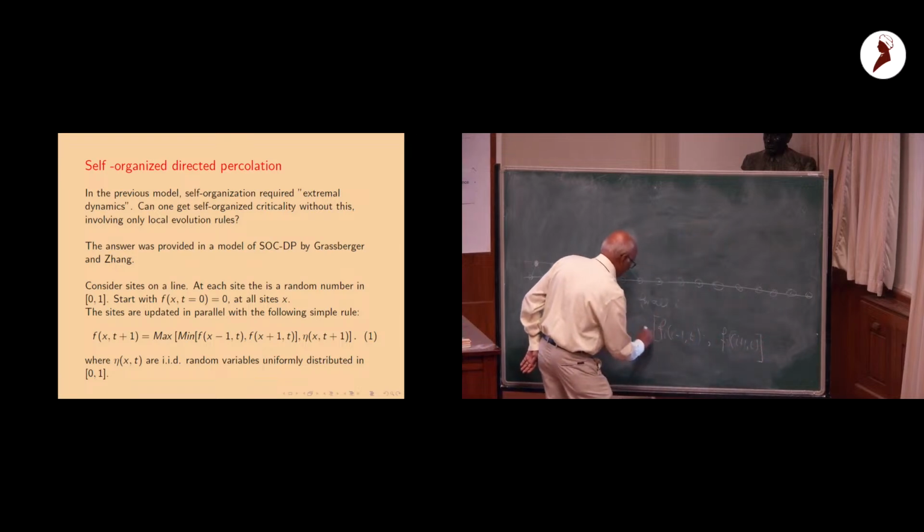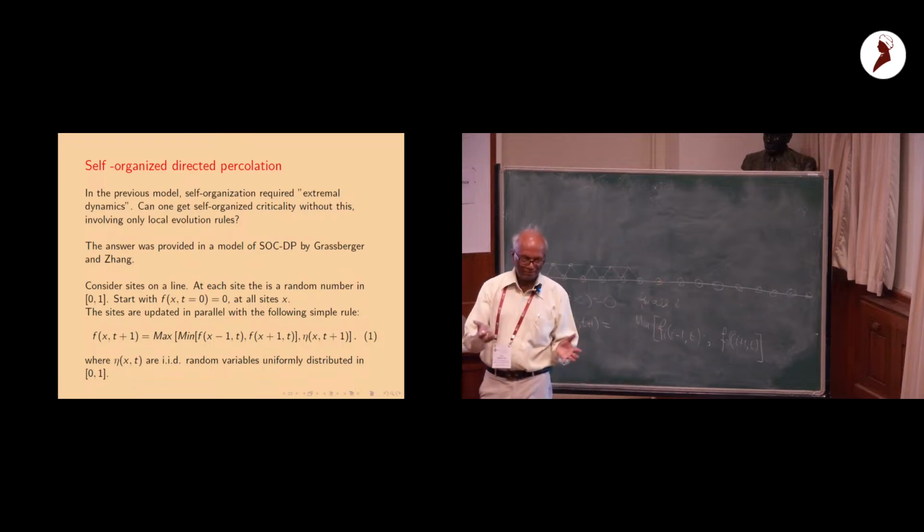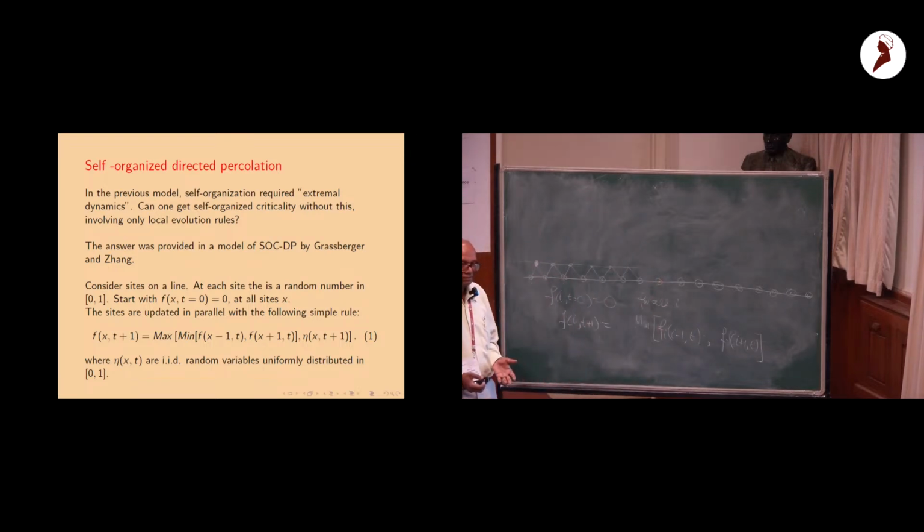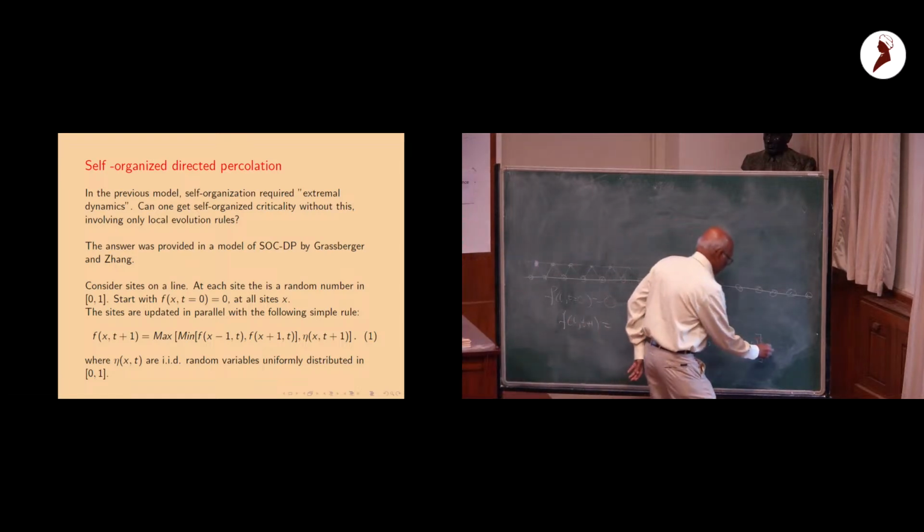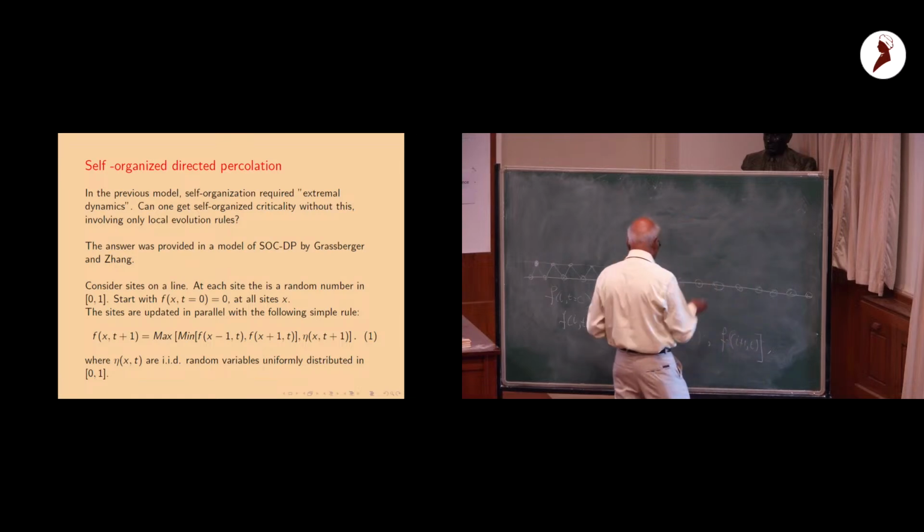And what they said, just select the min of these two numbers. Okay? So they were both 0, so min is also 0. Okay? But then they said that also pick a new random number.